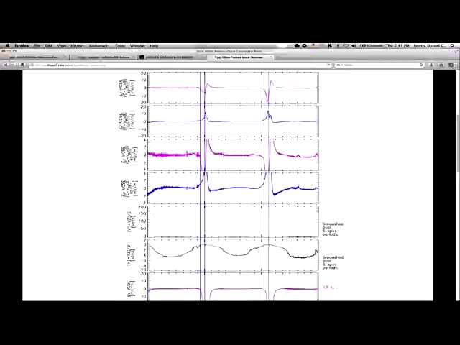The top two panels are at about 11-second cadence, where we've done a spin fit. We've looked at the measurements over a whole spin of the spacecraft and fit a sinusoid with an offset to it in order to get a low frequency, high accuracy estimate of the electric field.